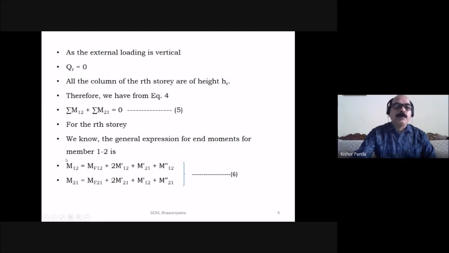Using this formula, you can find the end moment M12. Similarly, you can find M21. This is equal to MF21 plus twice M'21 plus M'12 plus M''21. So this is your equation 6. Using this formula, you can find the end moments of the vertical member 1.